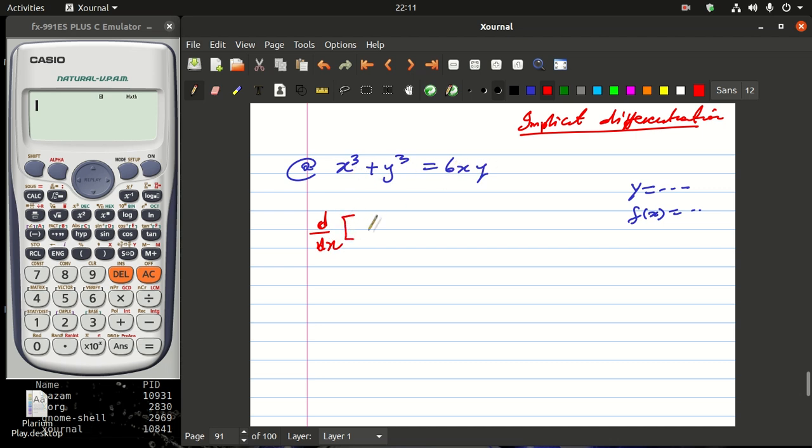So I'm going to take the derivative of the left hand side, and then set this equal to the derivative of the right hand side. That's what implicit differentiation is saying. Just take the derivative on both sides. You don't have to worry about making y the subject of your formula. Just take the derivative on both sides with respect to x, because we were looking for dy/dx.